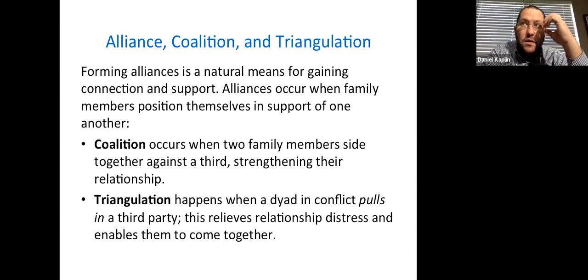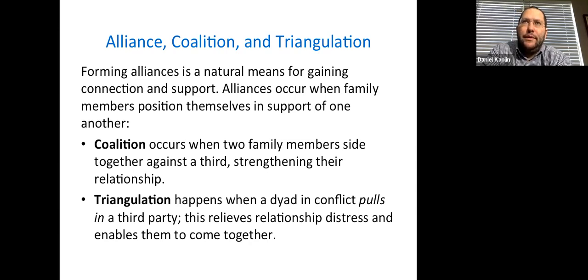Now, this can occur in the form of a coalition where two people are attacking a third. I actually have a client right now, and in their family system, there are 3 sisters, and my client has a lot of anxiety, and her 2 sisters have joined together to bully her, right?